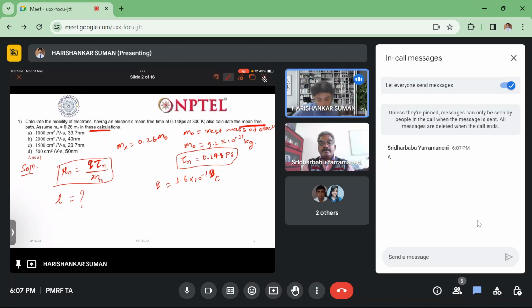So we have to also calculate the mean free path. How can we calculate it? Mean free path also, 33.7 nanometer according to this, but please find, option A is correct.